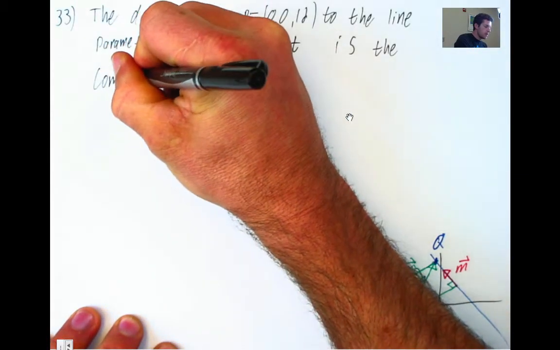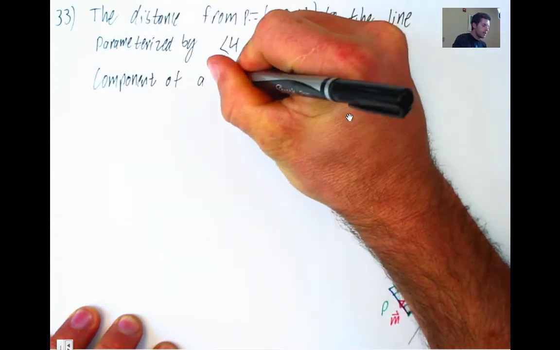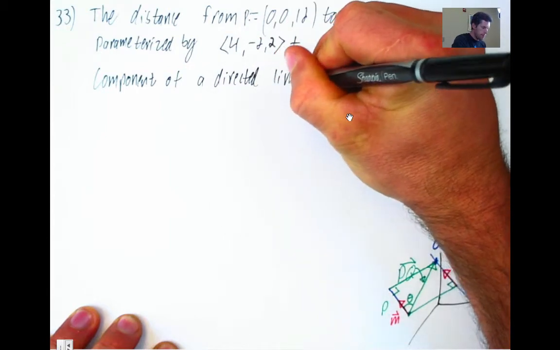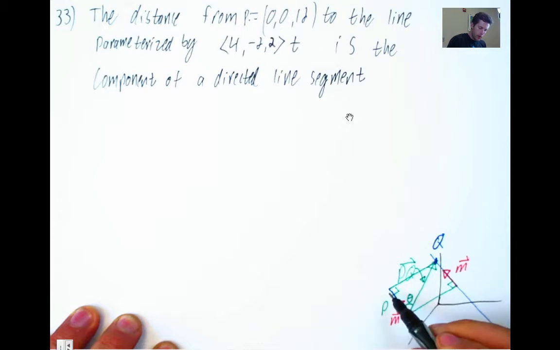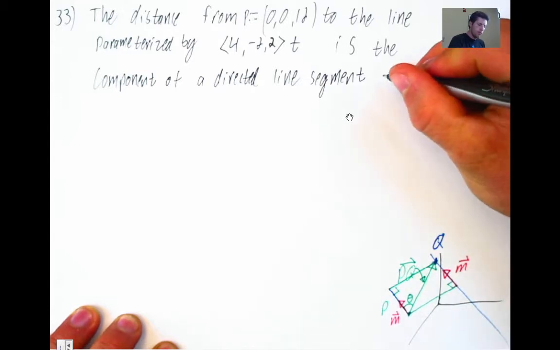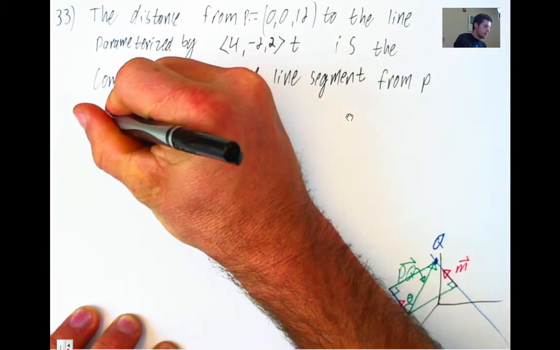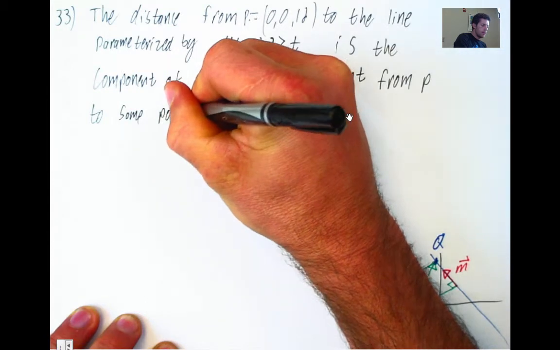This is a component of a directed line segment. Right, that's what I'm looking for. This right here is a component of the directed line segment PQ from P to some point on the line.